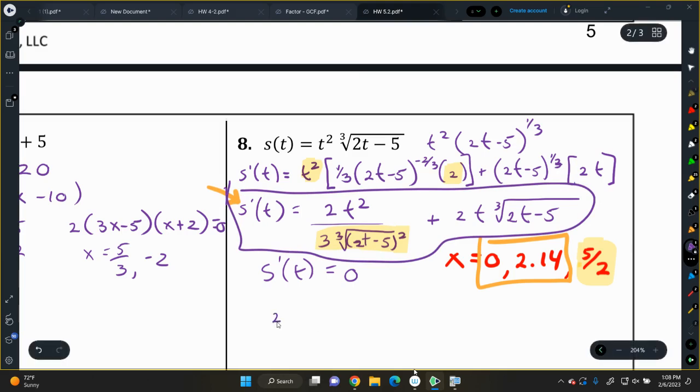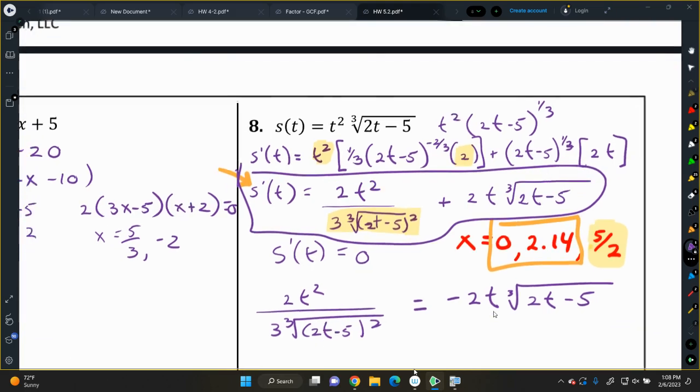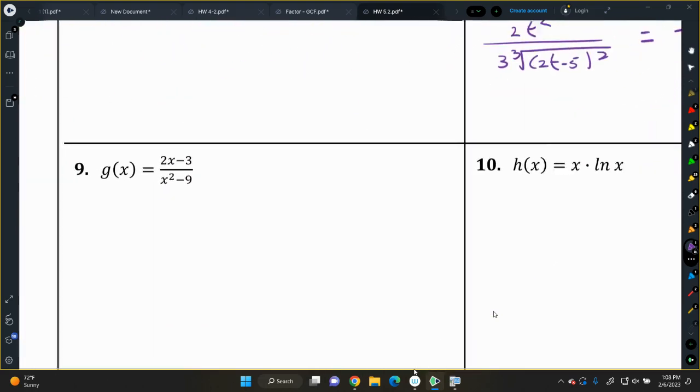So I'd end up having 2t squared over 3 times the cube root of 2t minus 5 squared. We could set that equal to negative 2t times the cube root of 2t minus 5. You see where they are equal. But even then, you're going to need your calculator to help you out with that. I don't think we need to beat these to death. I think we've got the idea.